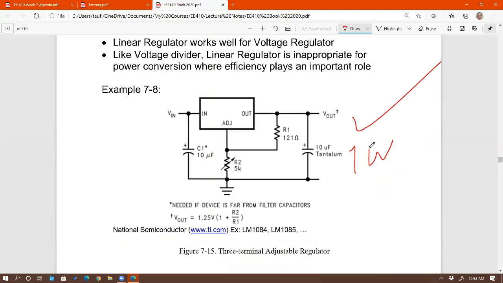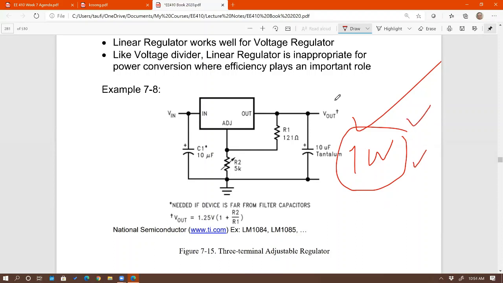Relatively speaking, if the system is 1 kilowatt, then 0.7 watts out of 1 kilowatt, probably is nothing, right? So you decide whether or not your load can actually use a linear regulator or LDO, or is it better to use a switching regulator? So you decide when the output power is low.